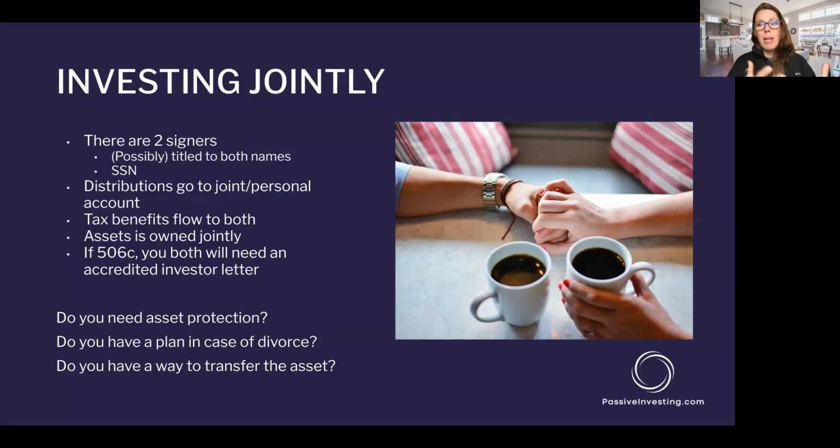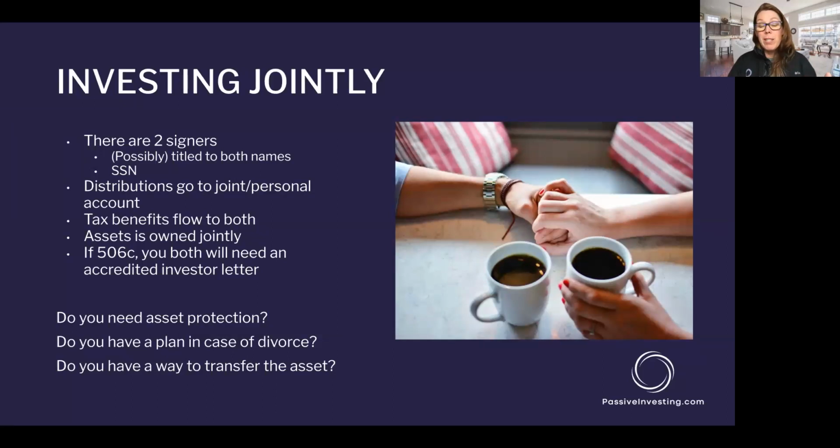And again, like before, if it's a 506c deal, you're going to have to present an accredited investor letter for both individuals, the joint individuals, if you're titling jointly. The same questions apply. Before you enter here, what kind of asset protection do you need? Do you have a plan in case of divorce for your spouse or communal partners?